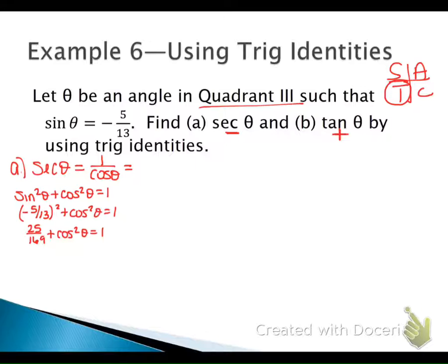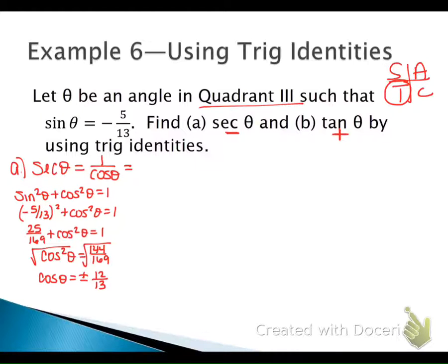Subtract that 25/169, and use your calculator if you need to, or get your common denominator, but you'll get 144/169. Got to take the square root to get rid of the square. And so we find that cosine of theta is plus or minus the square root of 144, which is 12, over the square root of 169, which is 13.